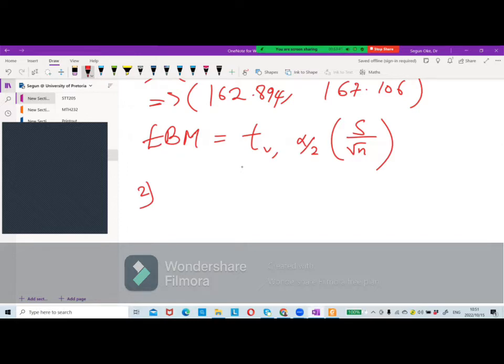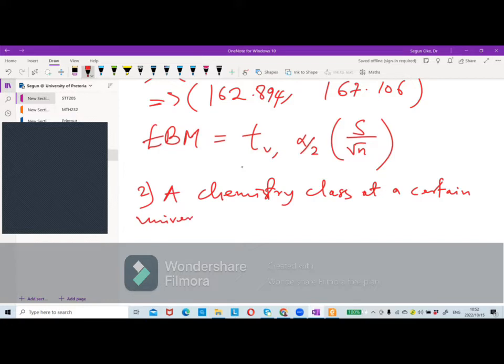We are asked to construct another, okay, a chemistry class at a certain university has 500 students.